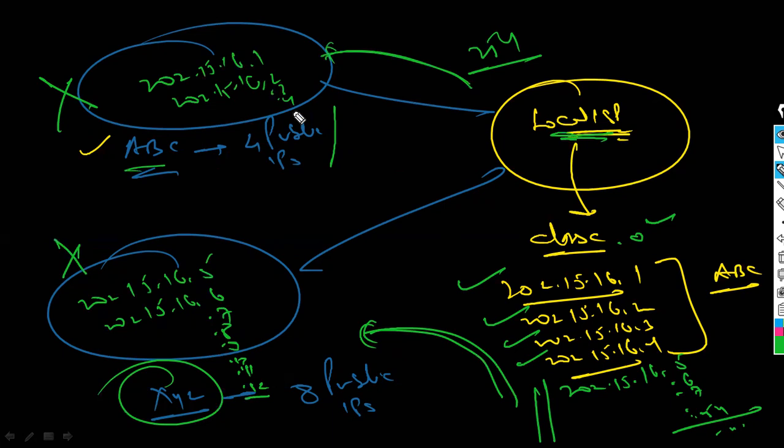Public IPs are assigned to firewalls, routers, or servers that are publicly accessible. Other computers will be running on private IPs, and we configure network address translation, technically known as NAT, to make that communication happen. I will explain that later on.